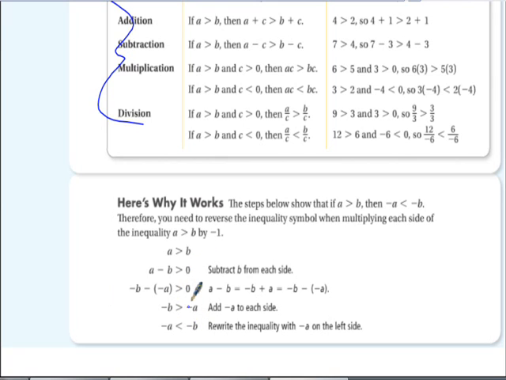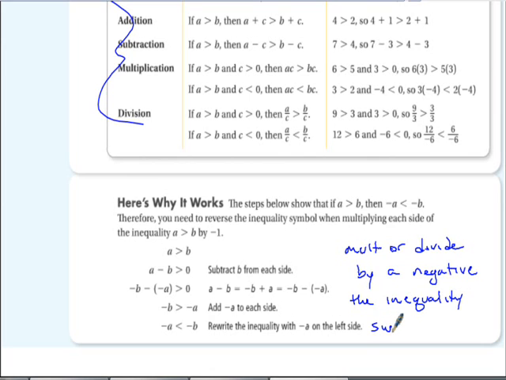All this is doing, this is essentially a proof to show you that when we multiply or divide by a negative, the inequality switches directions. Okay, that's important. Writing that down would be a good idea.